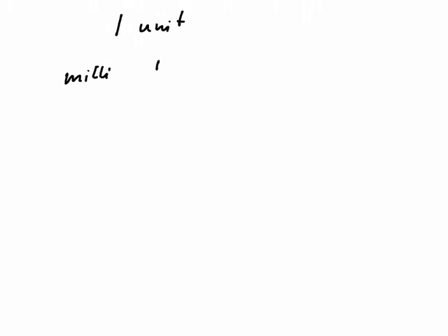This would be 1/1000 of the original unit. And we would write this as 1 times 10 to the negative 3. Think about a millimeter. This is 1/1000th of a meter, and that would be 1 times 10 to the minus 3 of a meter.